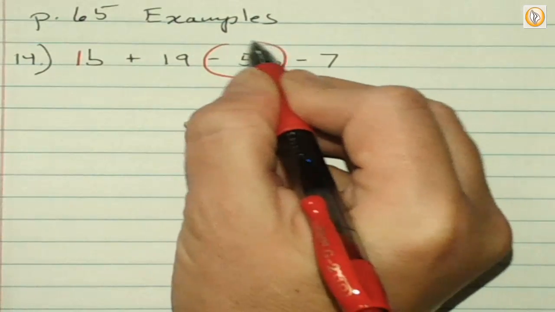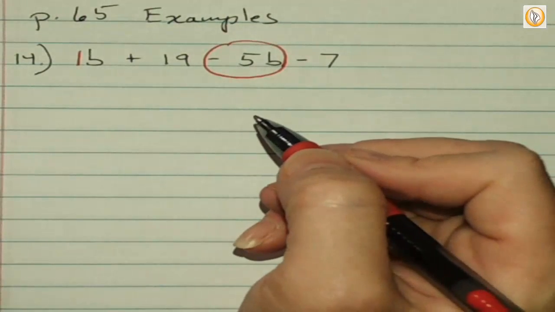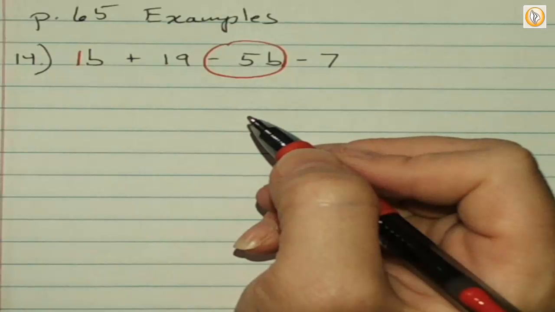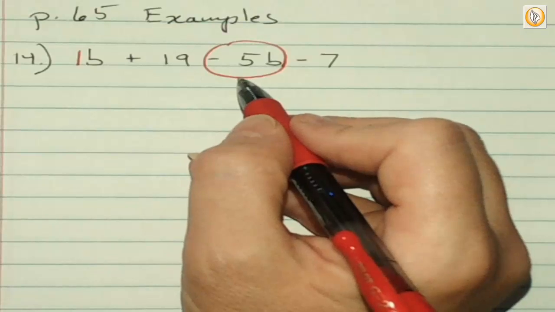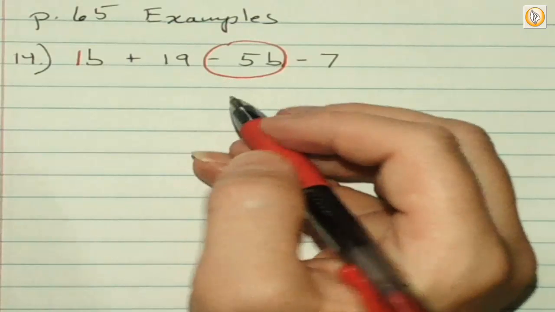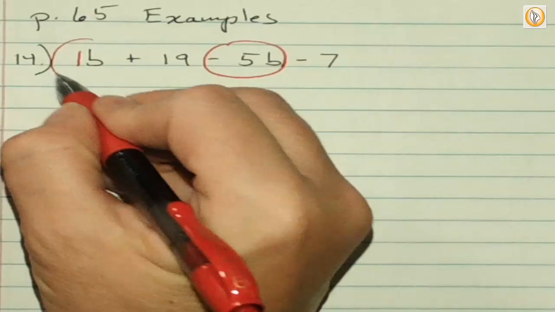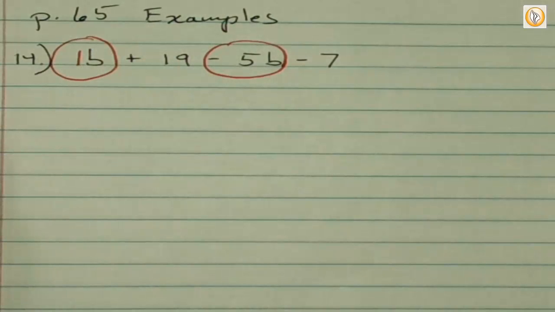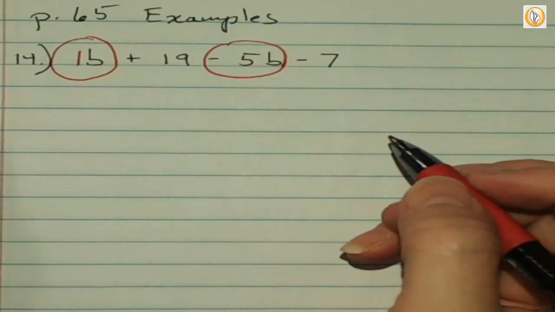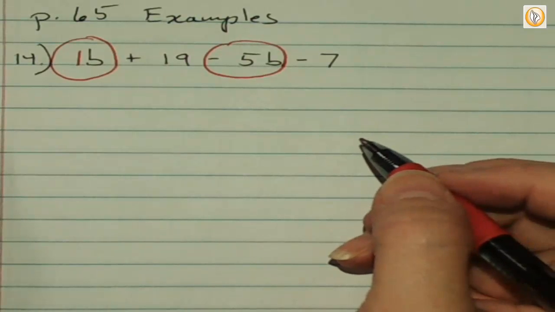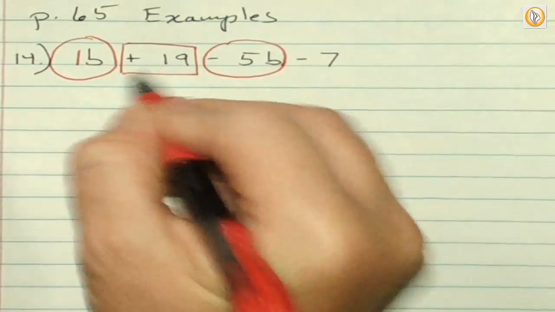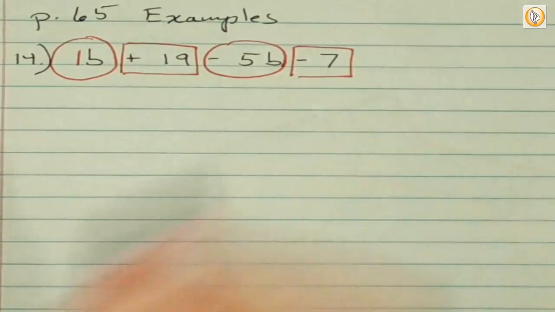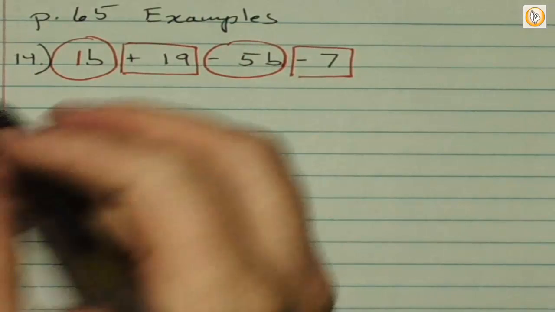Negative 5b and what? What else can be combined with negative 5b? What else can I circle? 1b. That's right. So these two we can combine. What else? Are there any other terms that can be combined? 19 and negative 7. Okay, since that's different than the b's, I'm putting a box.